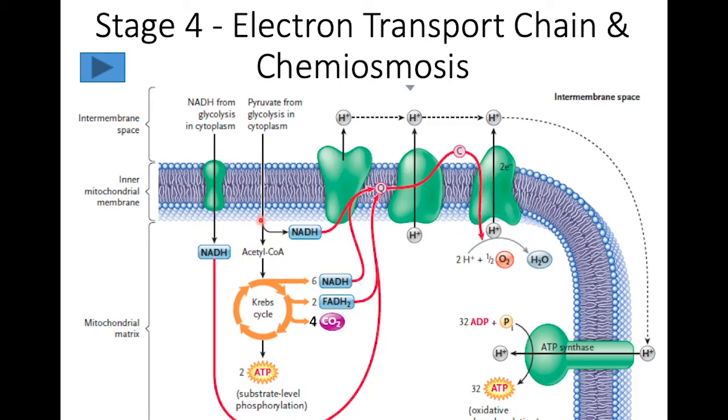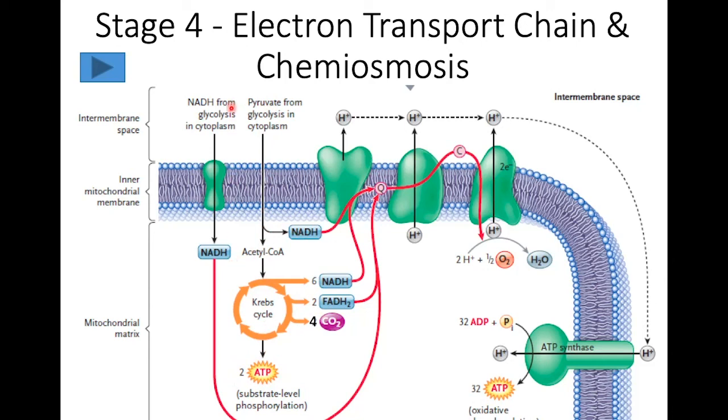Now, during this process, we have NADH being produced. That acetyl-CoA moves into the Krebs cycle, and through the Krebs cycle, we're producing 6 NADH, 2 FADH2, and then 4 CO2 molecules, as well as those 2 molecules of ATP.